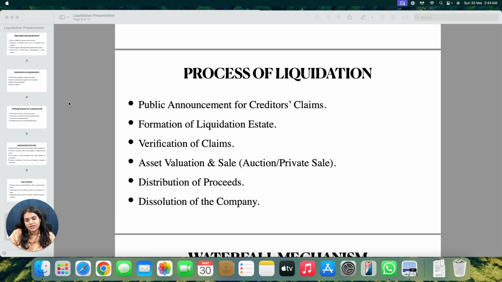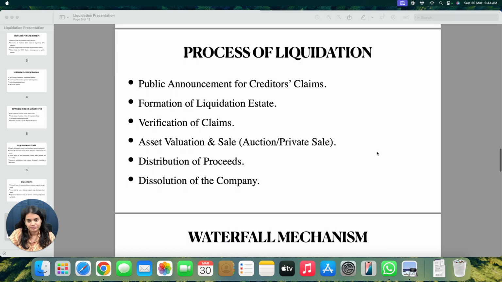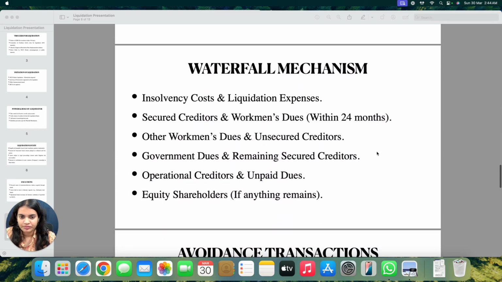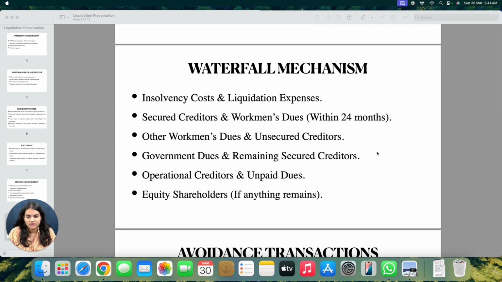So let us get to the waterfall mechanism. The order of distribution and priority is provided under section 53 of the Insolvency and Bankruptcy Code, which is also called the waterfall mechanism. Effectively you understand why it is called a waterfall mechanism, right?